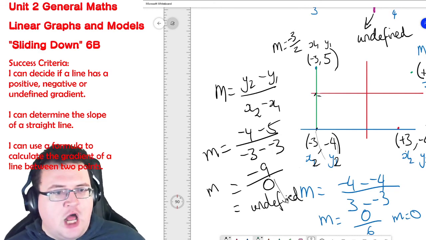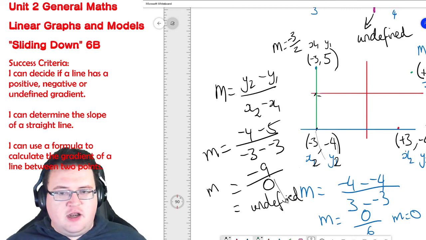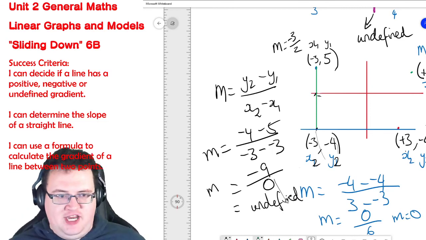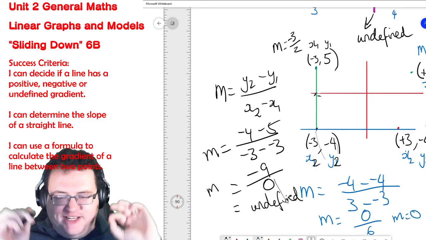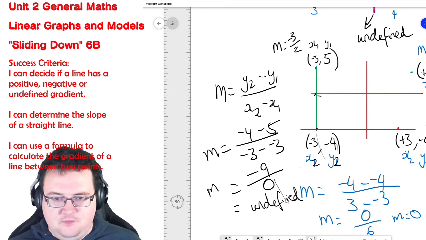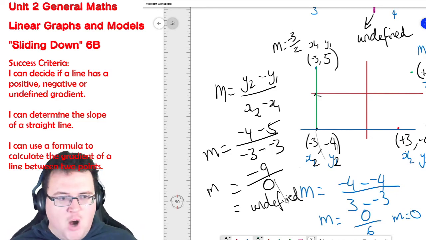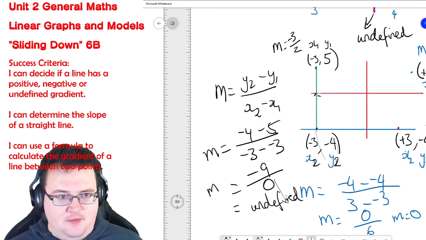So if you ever see a line going straight up and down, you can know straight away that it is an undefined line. It cannot have a gradient. It is impossible because you cannot divide by 0. There is no change in the x values. You try and do that in your calculator, it will break.